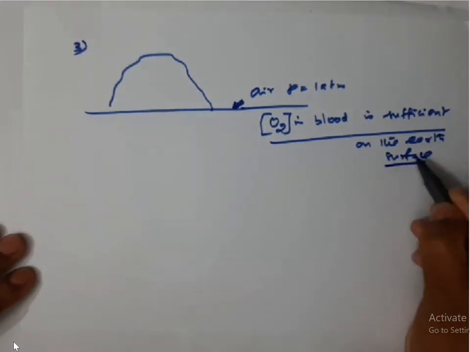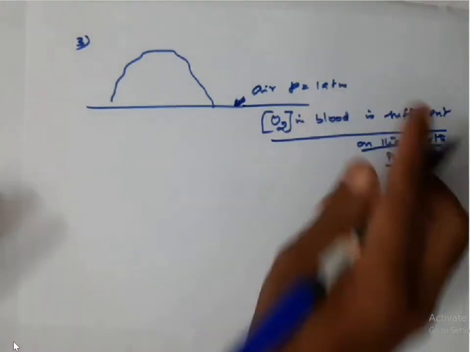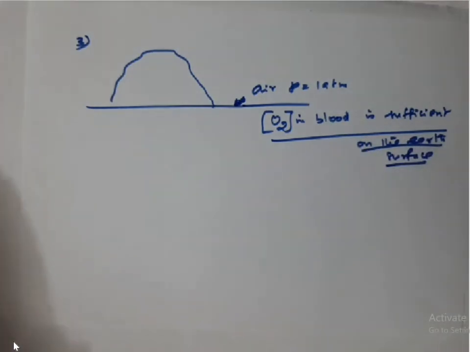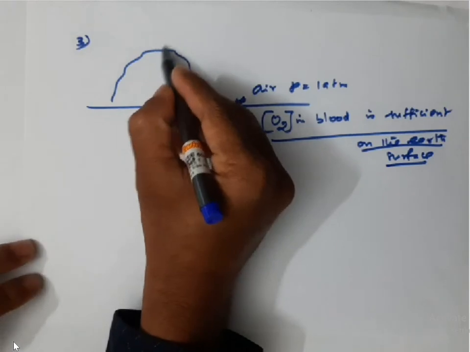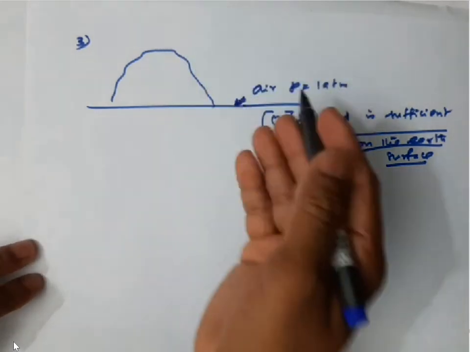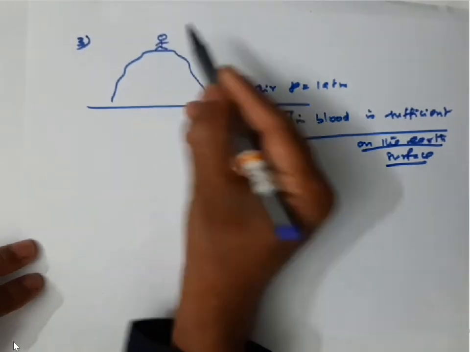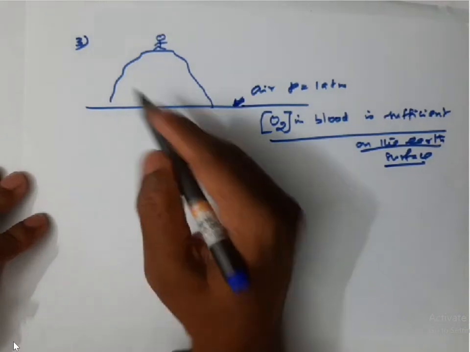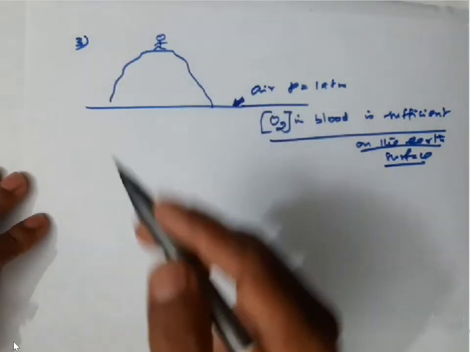Because the air pressure on the earth surface is 1 atmosphere, so people will get sufficient oxygen. But what happens when they reach high altitudes, like if they climb a mountain and reach the top? You know very well, as you go above sea level, pressure starts to decrease.